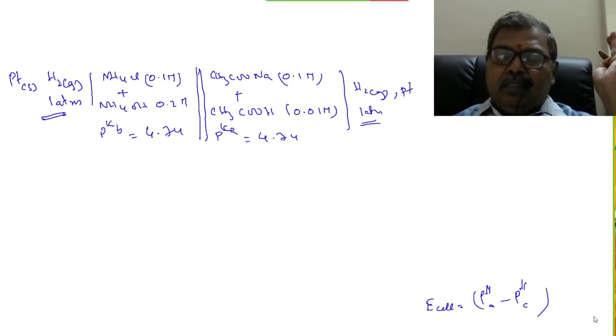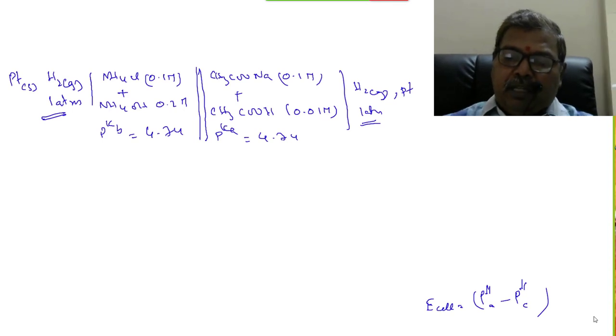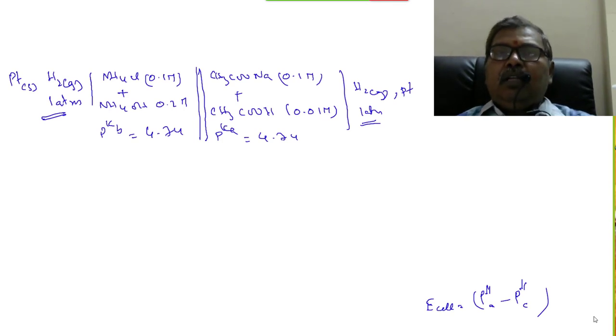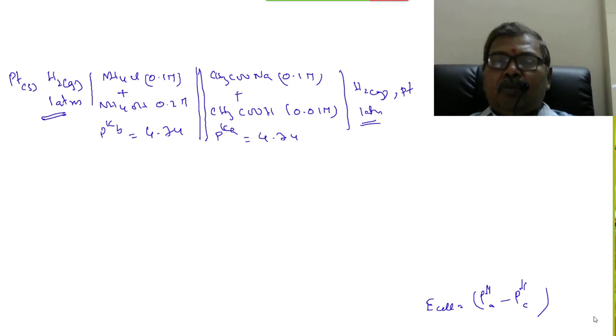But here examine carefully. NH4Cl is a salt. NH4Cl is a salt of ammonia and HCl. Ammonia is a weak base, HCl is a strong acid. Therefore, ammonium chloride is a salt of a weak base and a strong acid.